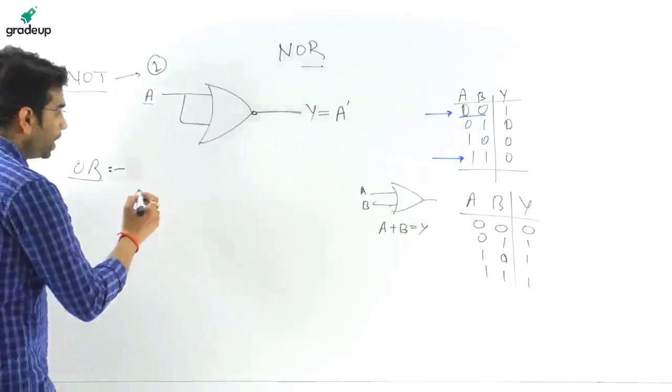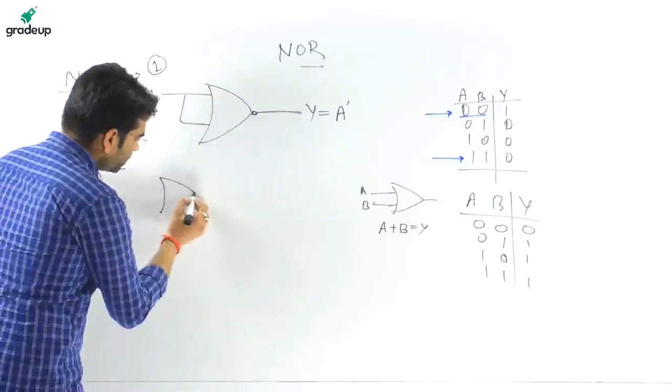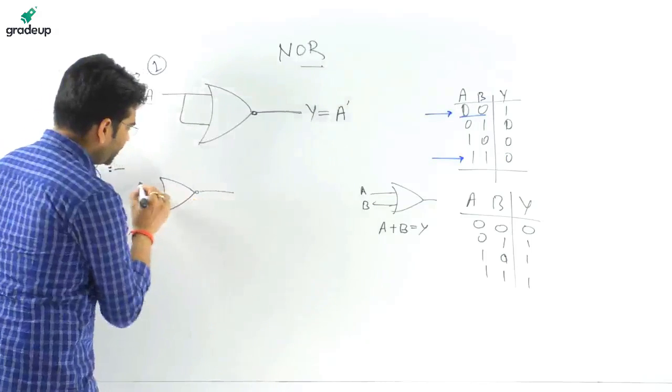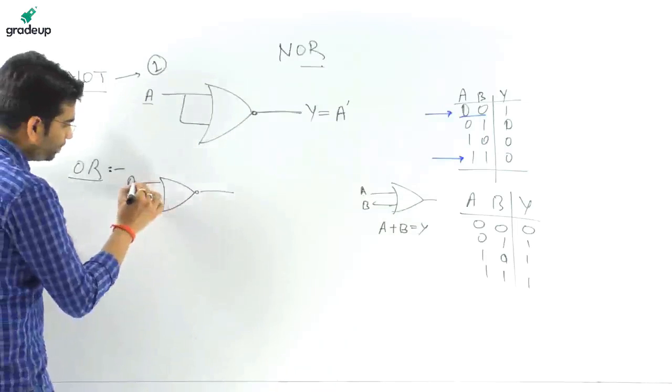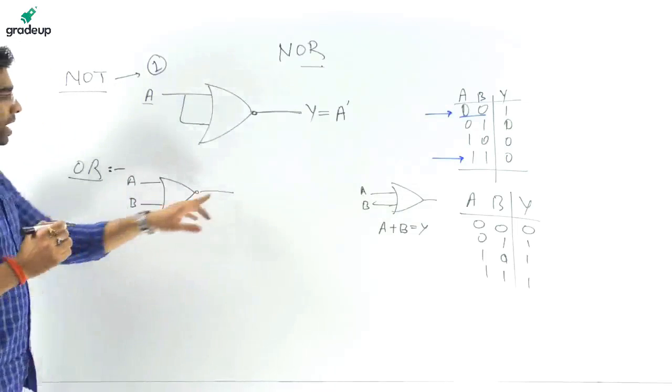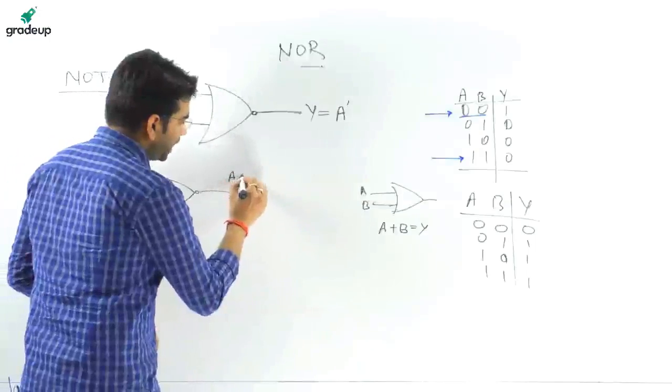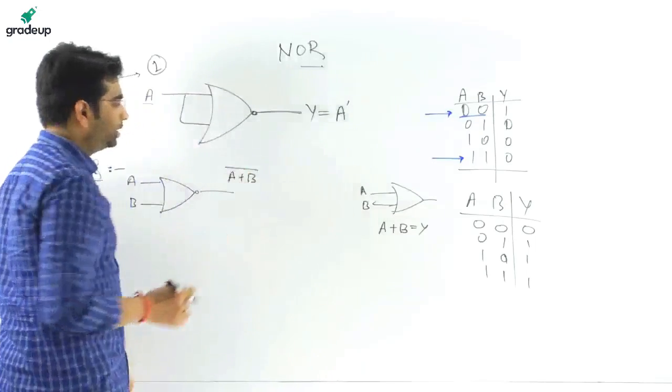My dear friends, how to implement this OR gate? This NOR gate was itself an OR gate first. ये पहले ही एक OR gate था. Okay, आउटपुट पे क्या आया था? A प्लस B बार आया था.